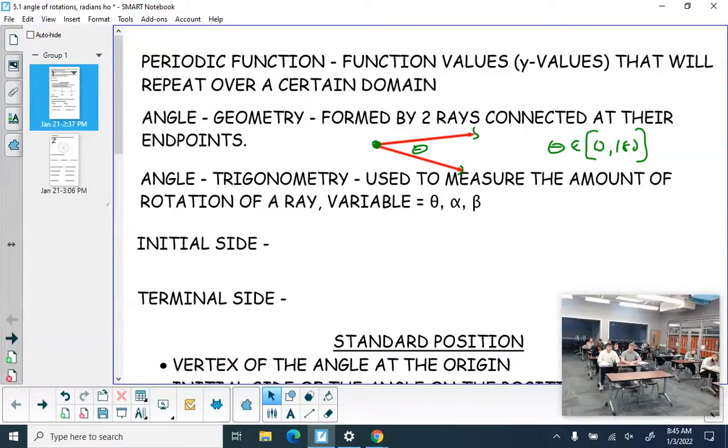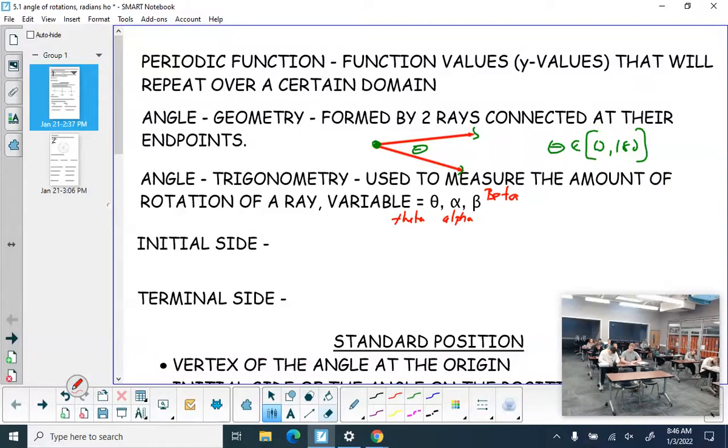The variables that we will utilize: we will utilize theta, which is a circle with a line through it. We have alpha, and we have beta.